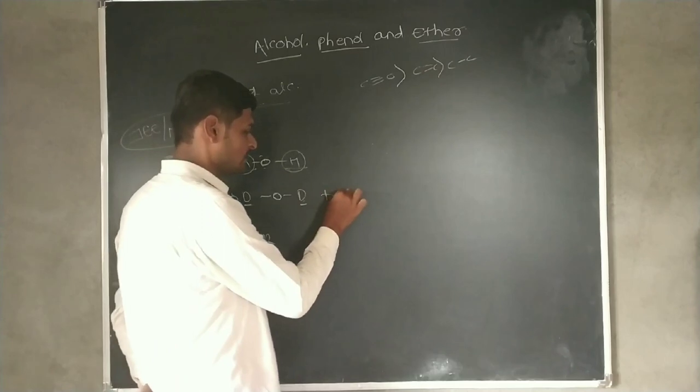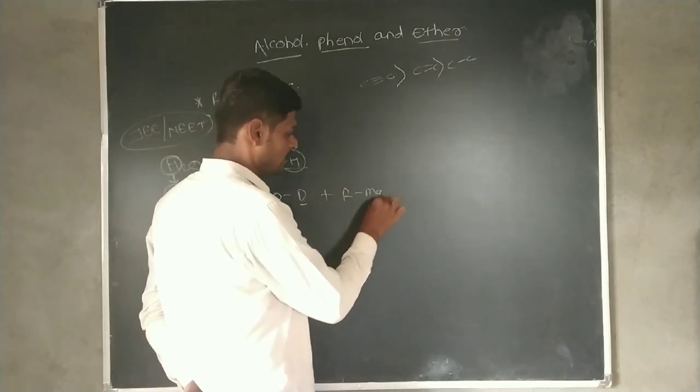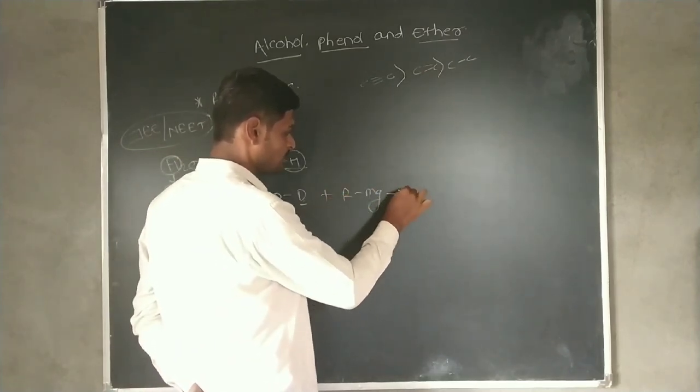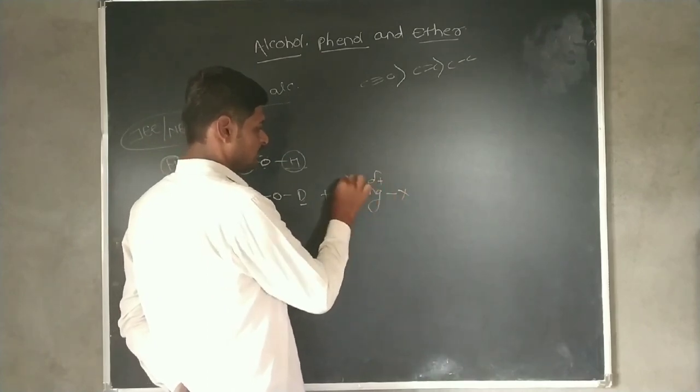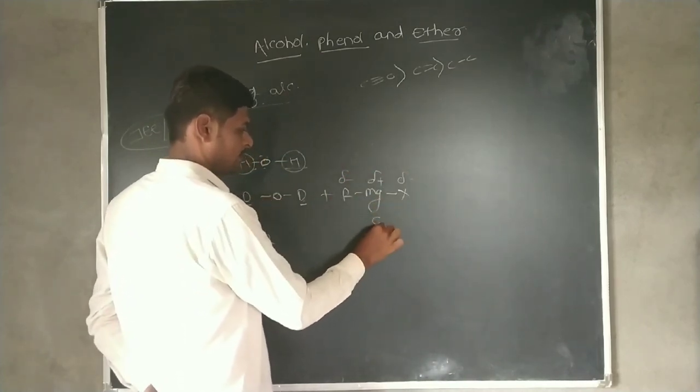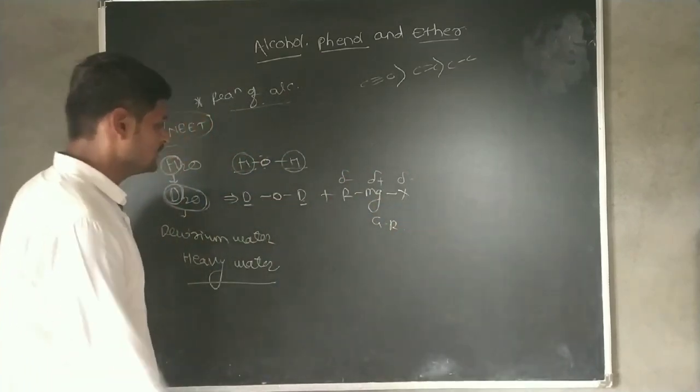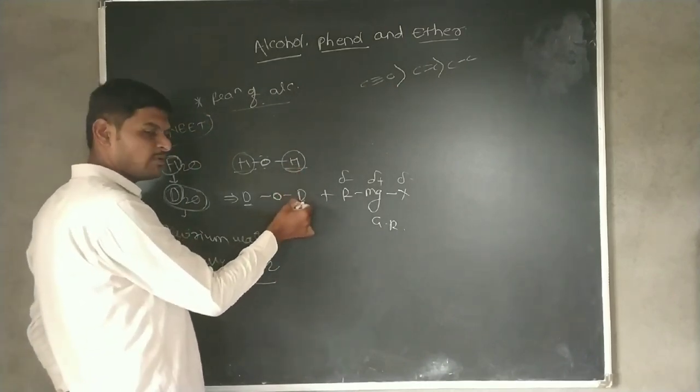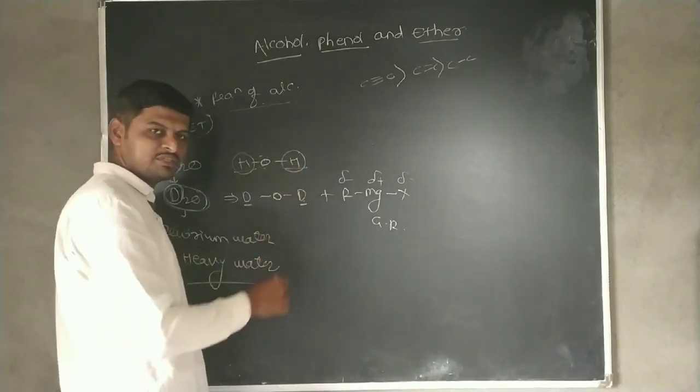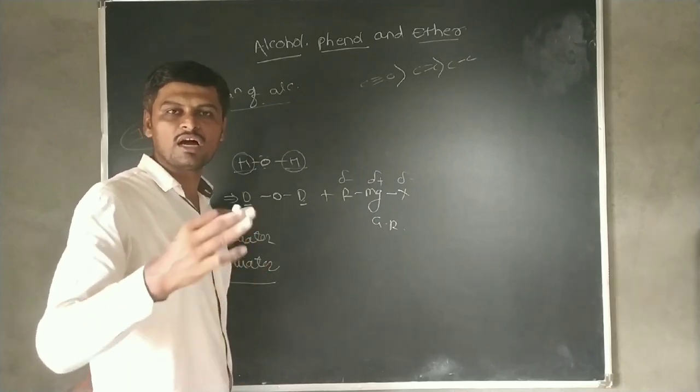Then it also reacts with Grignard reagent. Deuterium is an isotope of hydrogen, so its characteristics are quite similar to the hydrogen atom.